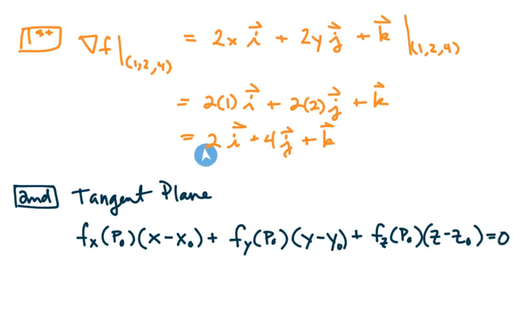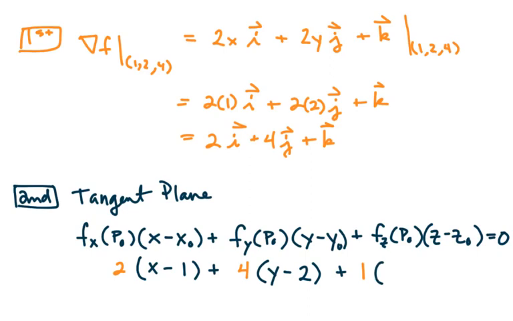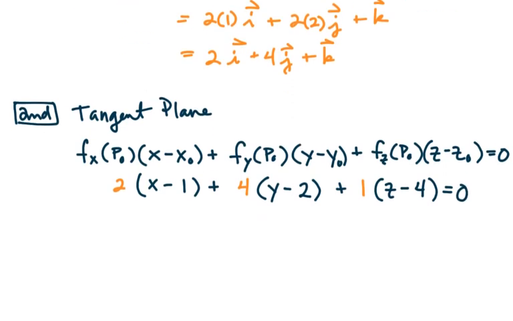So I have 2 times x minus the x value from my point, which is 1, plus 4 times y minus the y value from my point, which is 2, and then plus 1 times z minus my z value, 4. And we can simplify this.